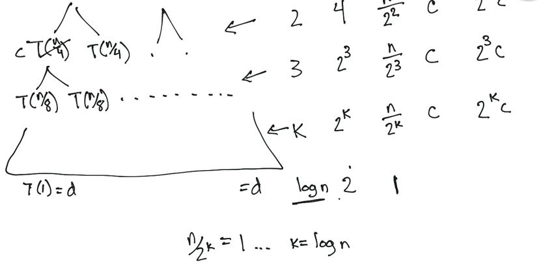There are 2 to the log of n nodes. Again, each one has value c, and total there's 2 to the log of n. Oops, sorry, each one has value d, because we're at T of 1. And so the total value is 2 to the log n times d. Excellent. So now we have a pretty good idea of exactly what's going on in this tree.